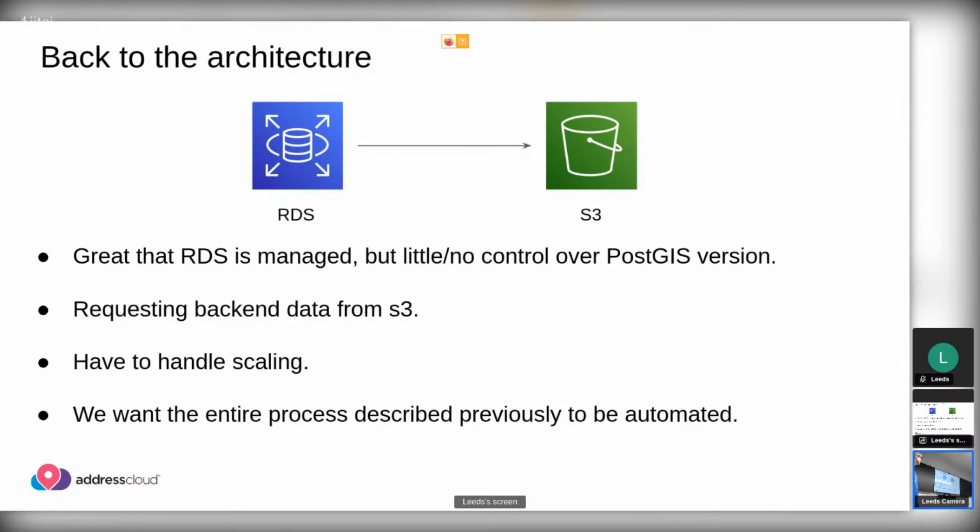We're having to handle scaling. We're potentially doing a lot of queries against an RDS instance in parallel, and we might have to scale our RDS instance. Sure, there are serverless options for PostGIS in AWS, but we find that those serverless options are even further behind in terms of PostGIS, so don't really necessarily count that as a contender.